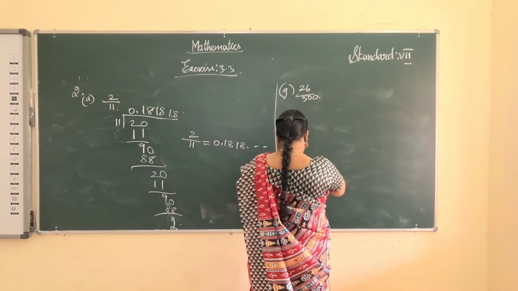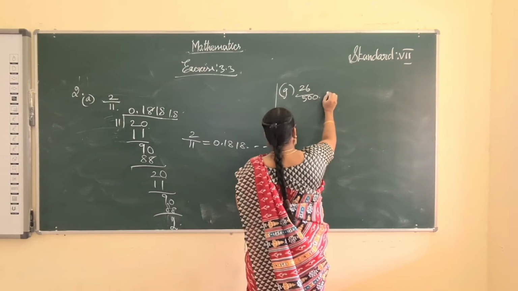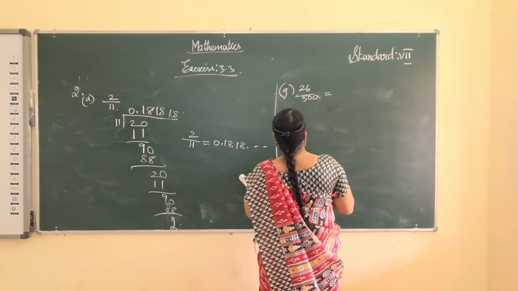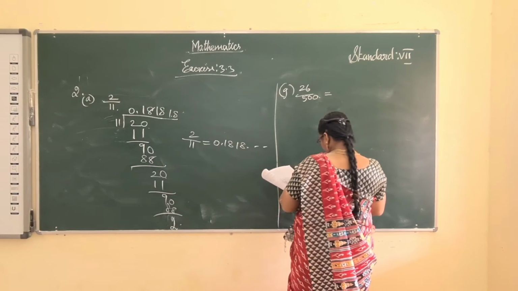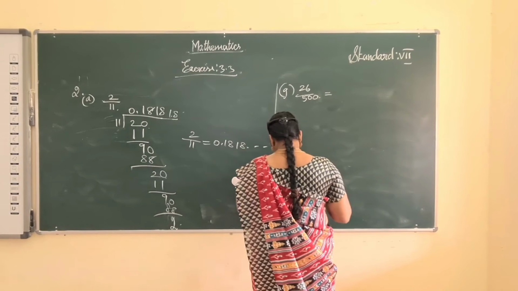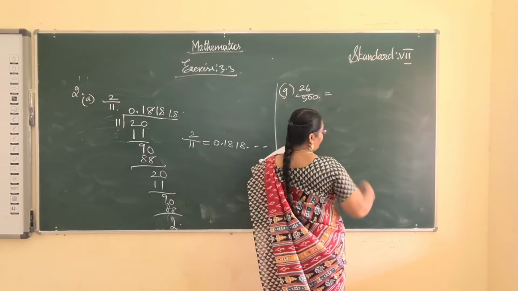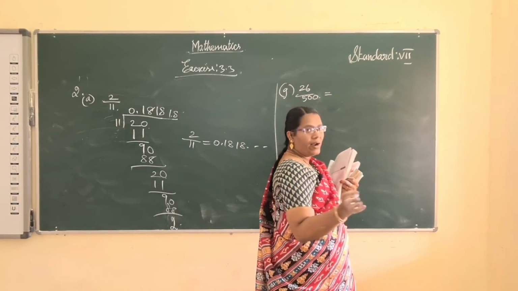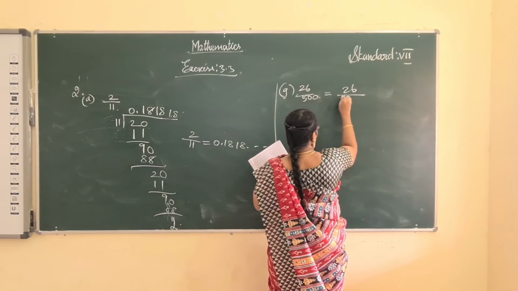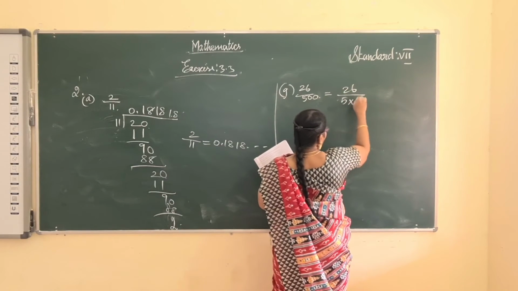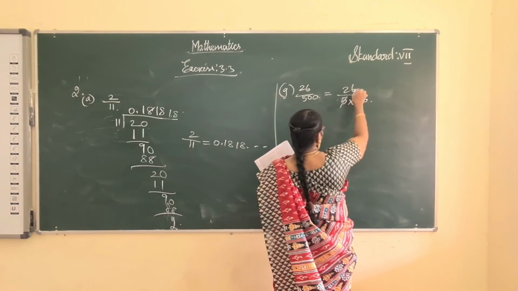We can use the long division method or any one of the methods. Here we use the alternate method of equivalent rational number. 500 is given, so for 26 by 500, the denominator is written as 5 into 100. Now cancel in the 5 table.